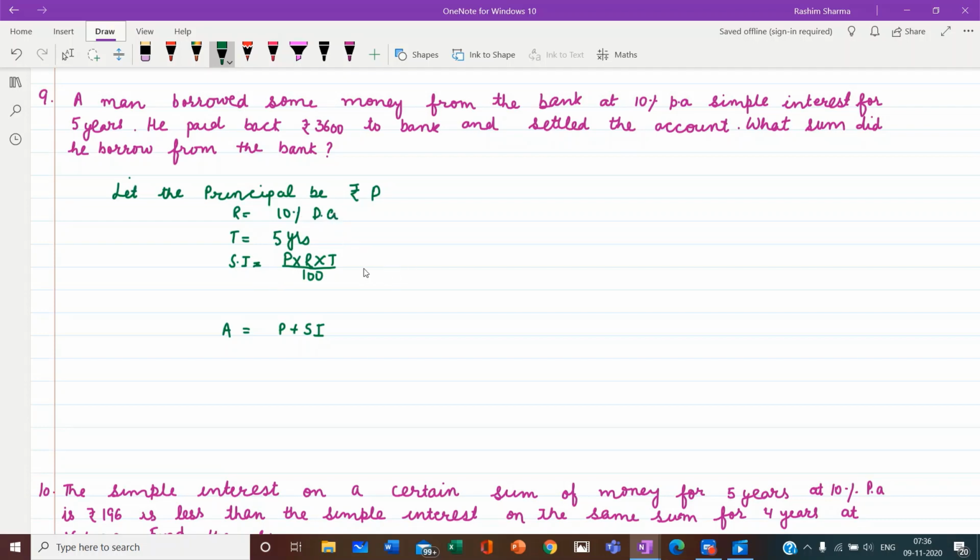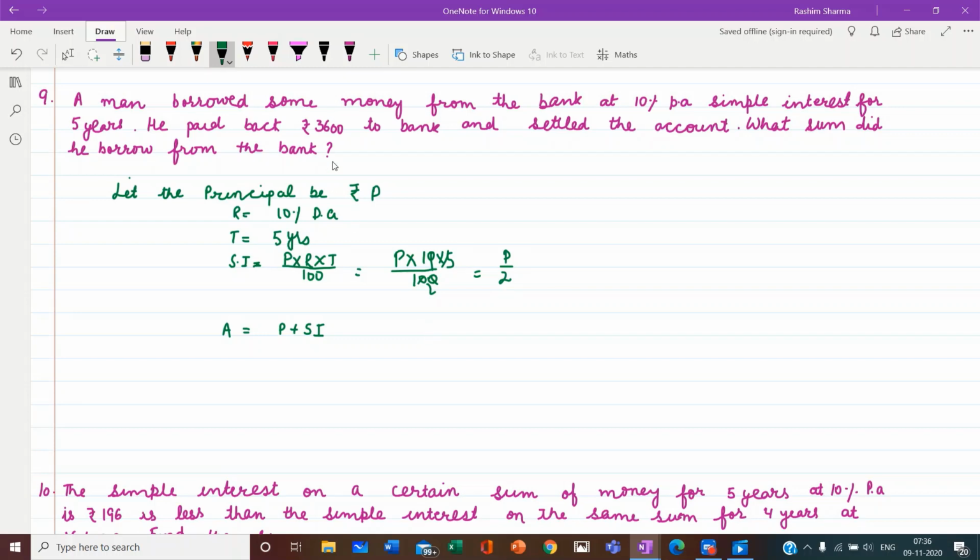So when we put the values in the formula of simple interest, principal into rate into time upon 100, we get P into 10 into 5 on 100. So when we cancel here, we get simple interest as principal upon 2.